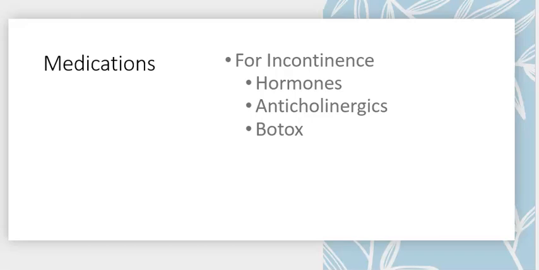So it's going to relax everything and kind of open the bladder to help with urge incontinence. It can have some serious side effects, such as it can worsen your glaucoma, constipation, and it can cause urinary retention. So we have to monitor for that and provide good patient education.